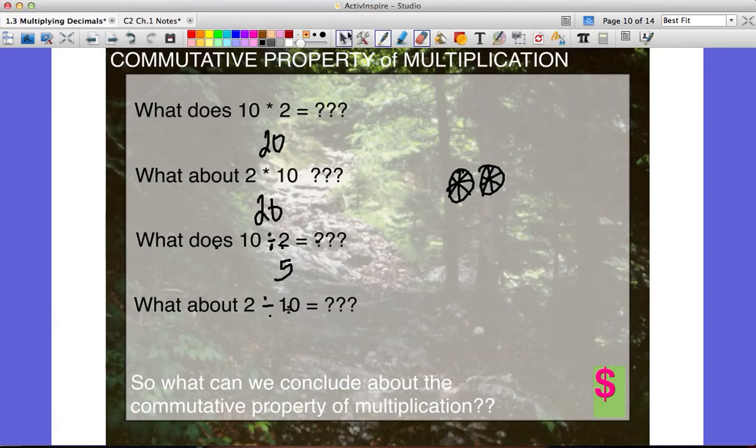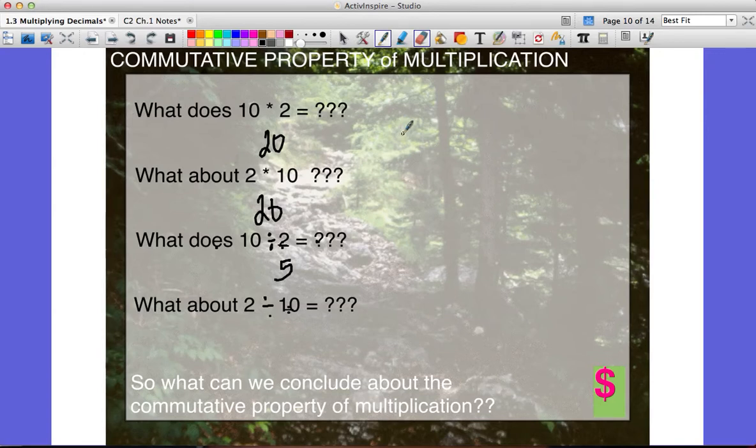Okay, so it does not work that way. 2 divided by 10 is not 5. So when we talk about the commutative property of multiplication, you have to understand that this only works with multiplication, as does the associative property.